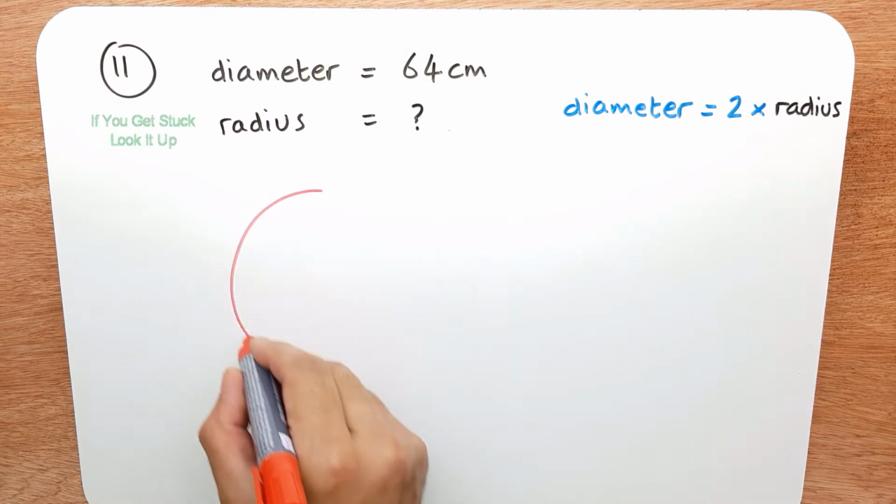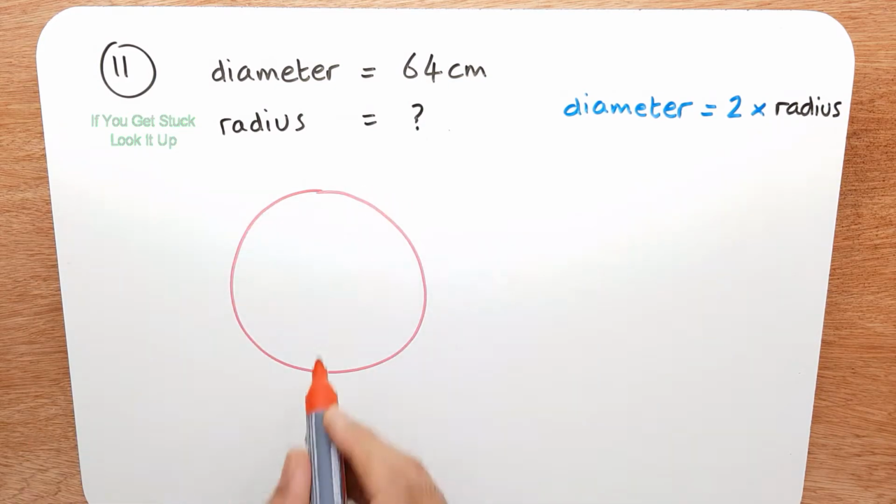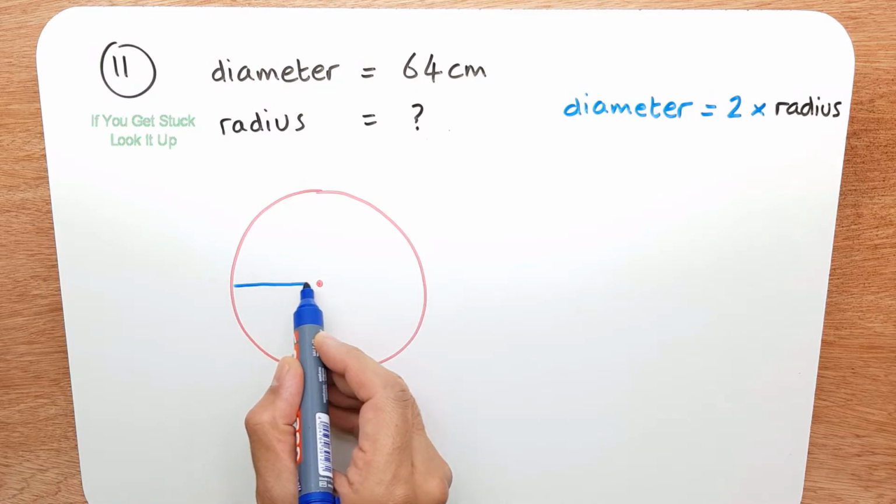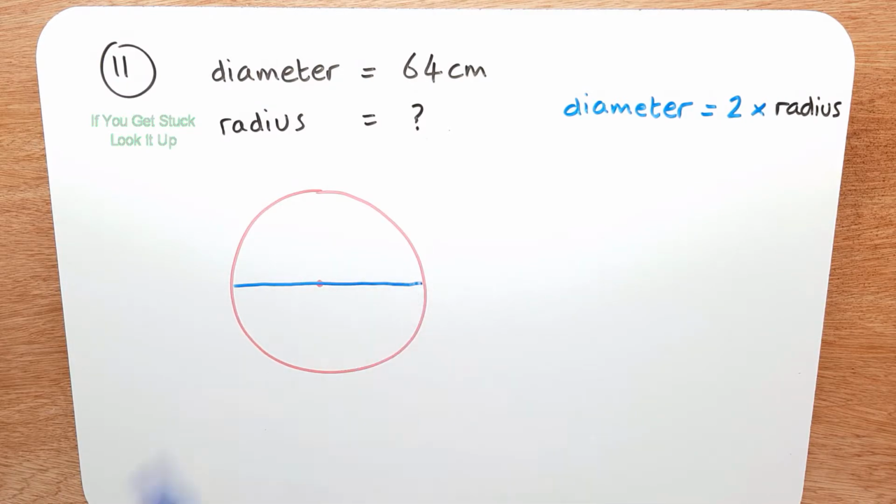So we have this circle. There's the center, and we've been told that there is a diameter of 64 centimeters.